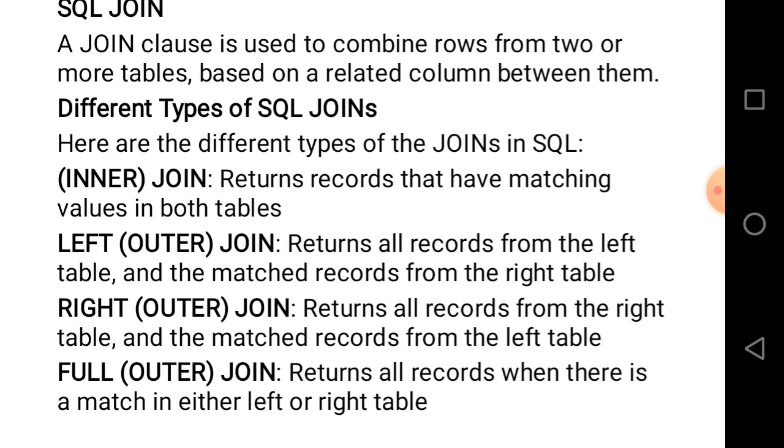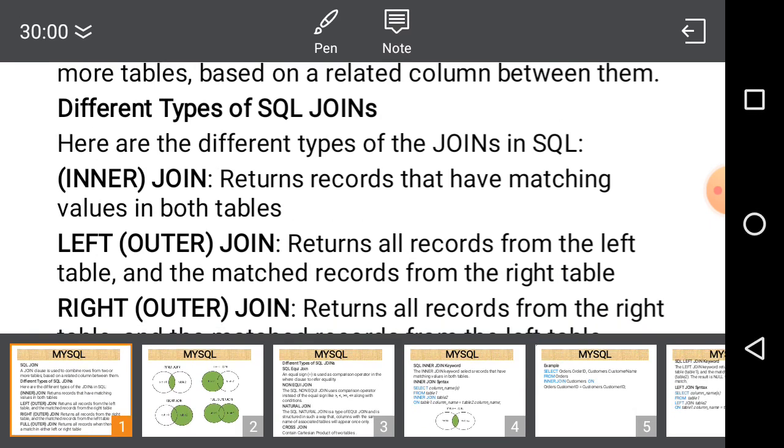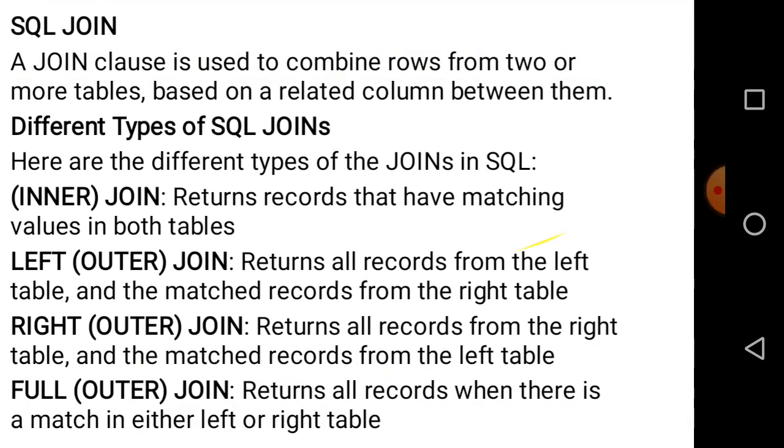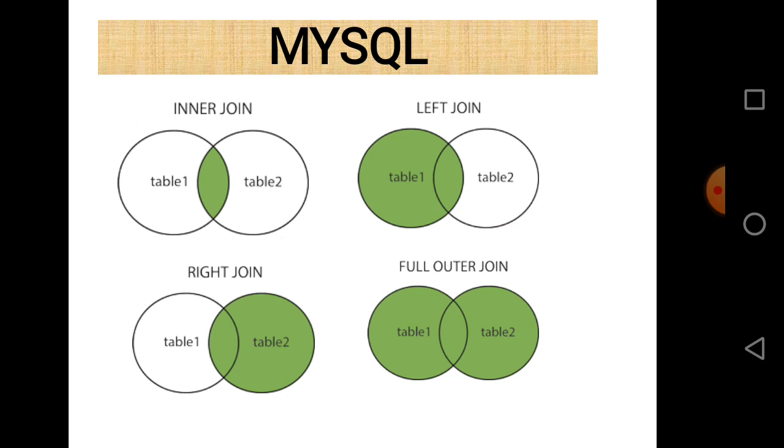Let us understand this with a proper diagram. This is a diagrammatic representation of different types of joins. The first one is inner join. The green area shows the result after joining these two tables.